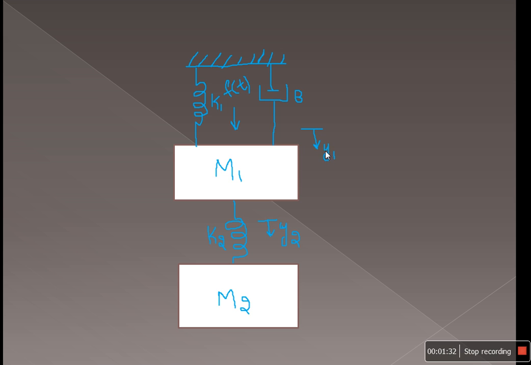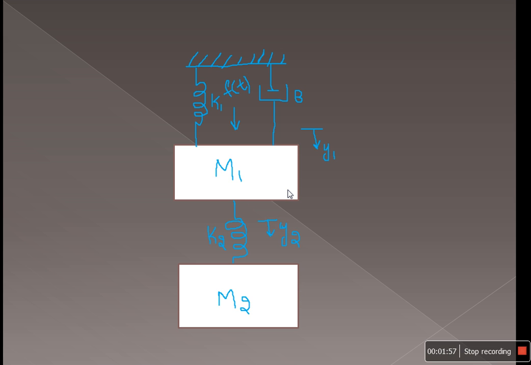We may represent displacement with x or y also. And for m2 we have only one spring, the elasticity property. Only one spring is connected between m1 and m2, and the displacement for m2 is y2.